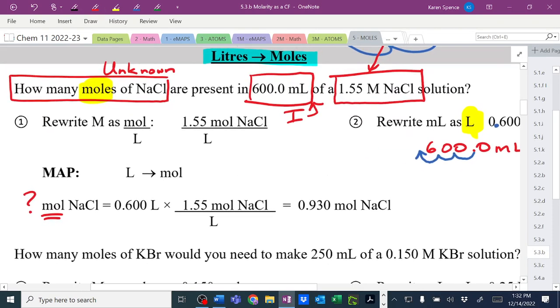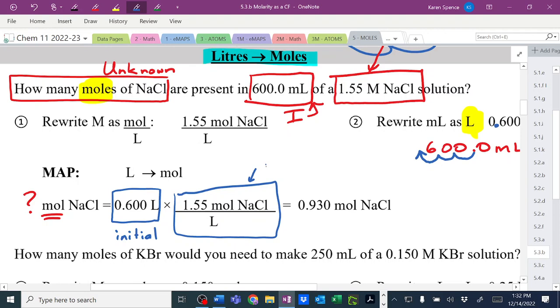That's what we don't know. We're going to start with our initial quantity, and we're going to multiply by the molarity, which is our conversion factor.